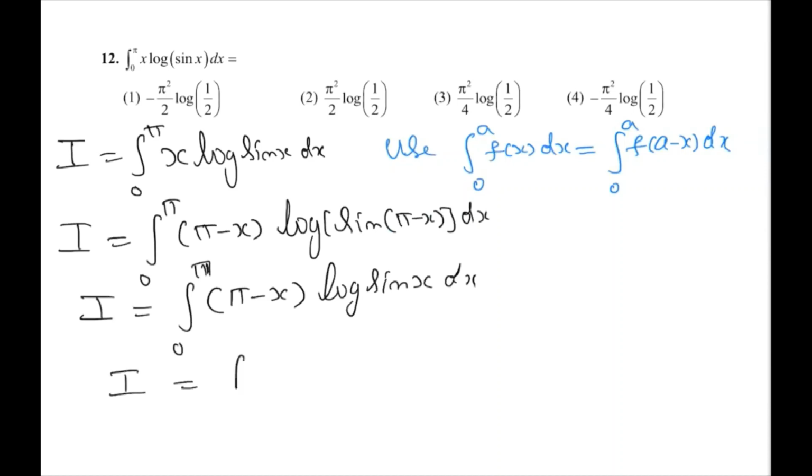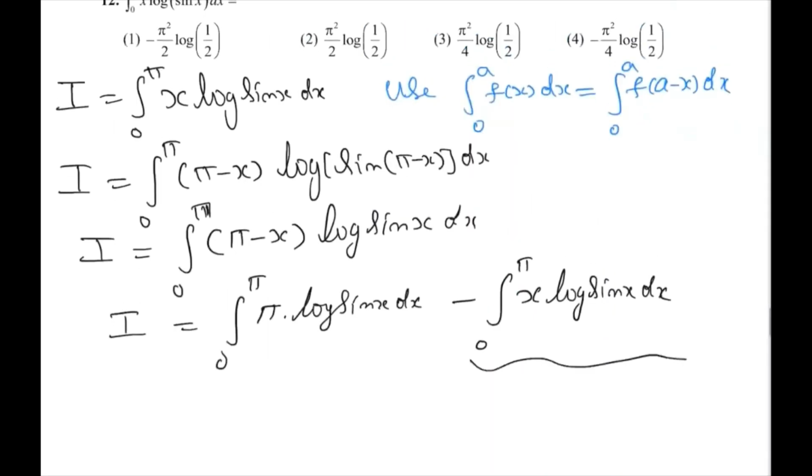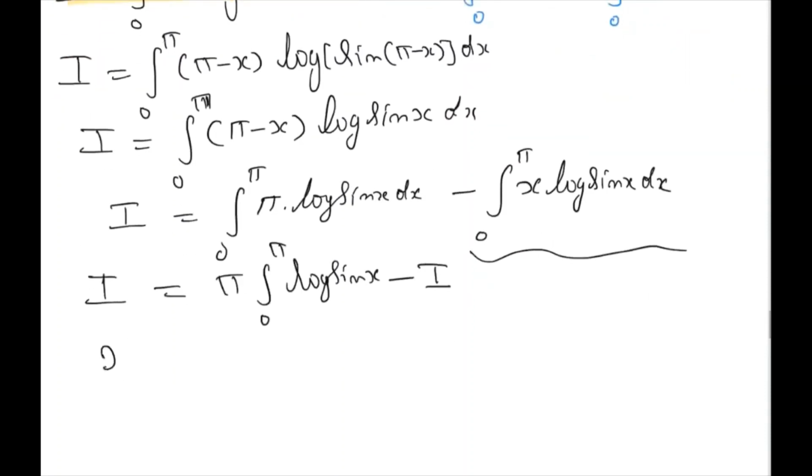We can split this into two integrals: pi times integral 0 to pi of log of sin x dx, minus integral 0 to pi of x times log of sin x dx, which is nothing but the given problem, that is I. You can replace it by I. So I equal to pi times integral 0 to pi of log of sin x, minus I. So 2I becomes pi into integral 0 to pi of log of sin x dx.